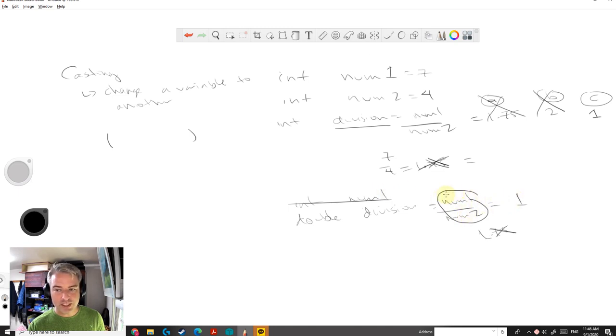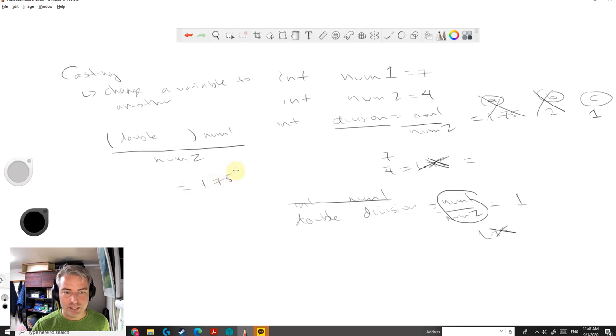What we need to do is change this into a double. We're going to make num1 into a double, and then divide it by num2, and this will get us an answer of 1.75.